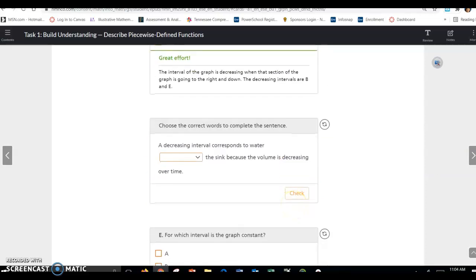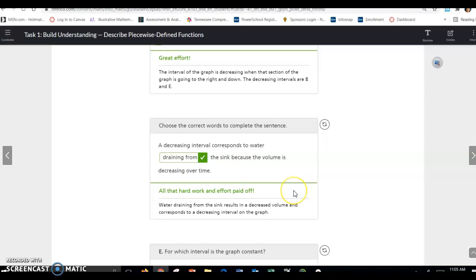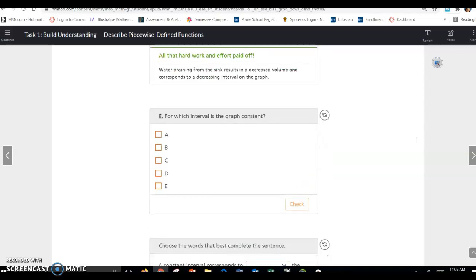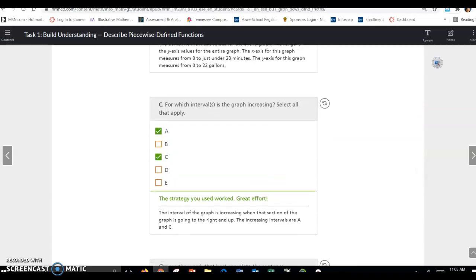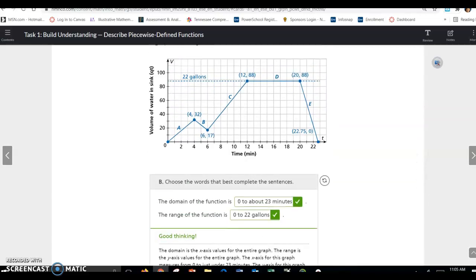A decreasing interval corresponds to water leaving the sink, draining from the sink. For which interval is the graph constant? Where is the graph staying the same?